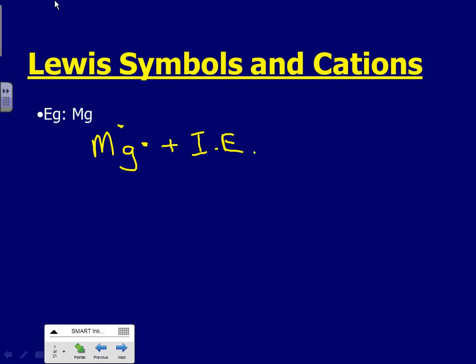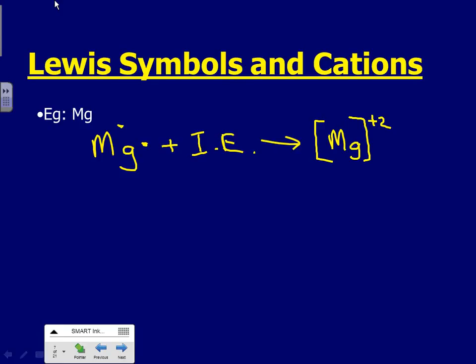So we're adding ionization energy. When that happens, these 2 electrons are removed, and we end up with an Mg that has a +2 charge. When we have a Lewis diagram of an ion, you put square brackets around the thing, and you put the charge on the outside.